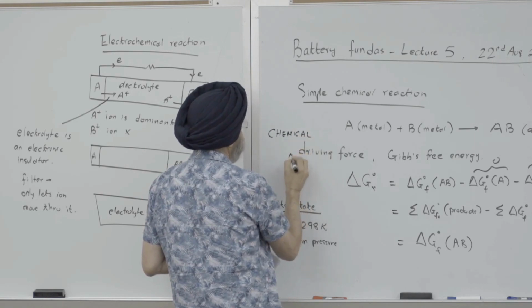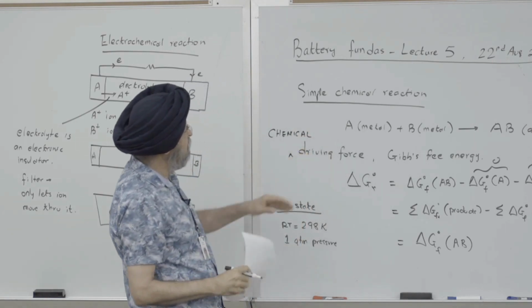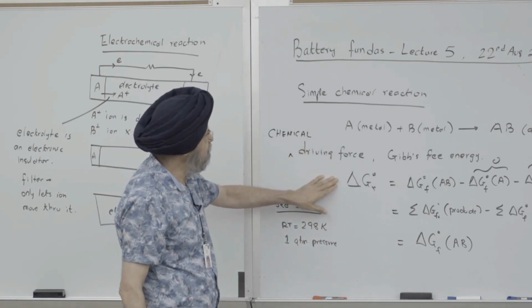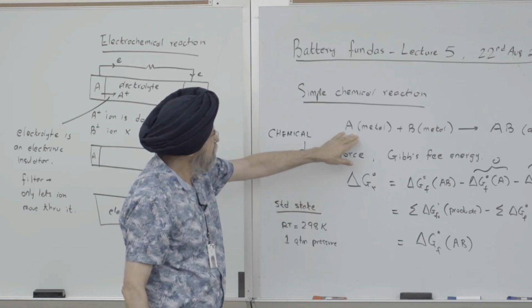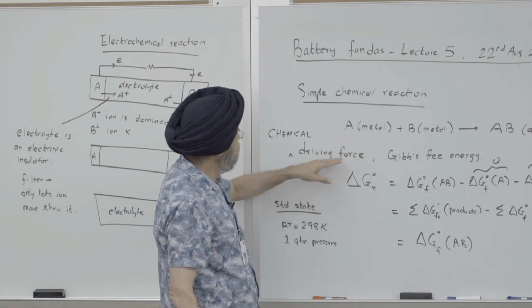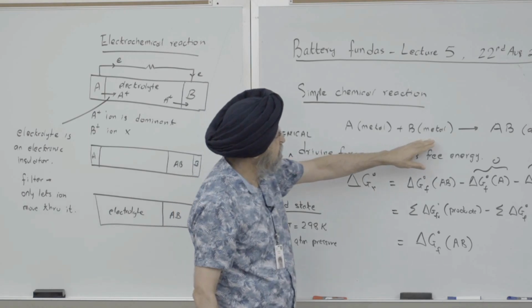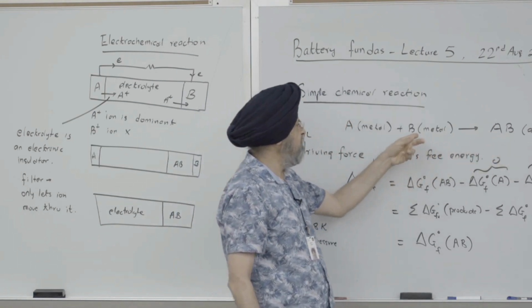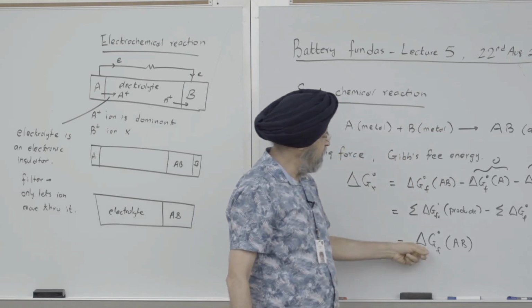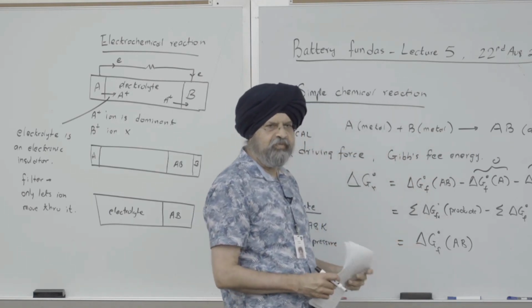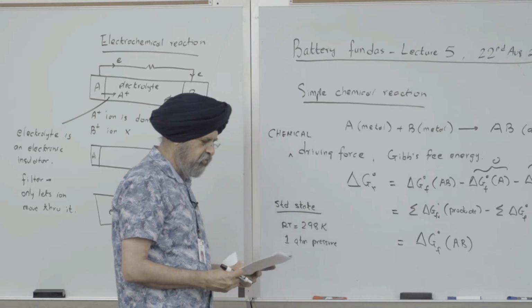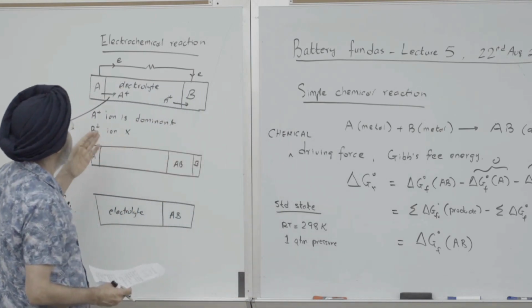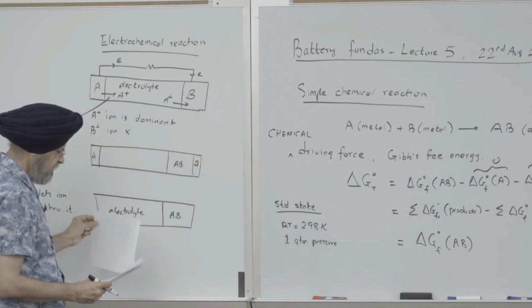You can actually look up chemistry handbooks and find the Gibbs free energy of the product and the Gibbs free energy of the reactants, and get this value just by looking at a chemical handbook. But where does potential come in over here?